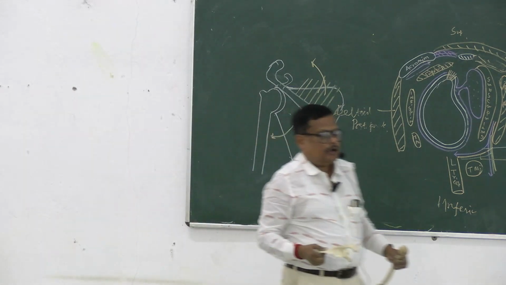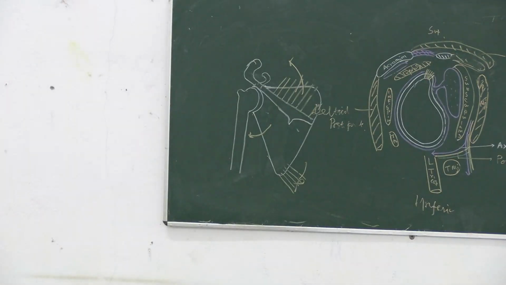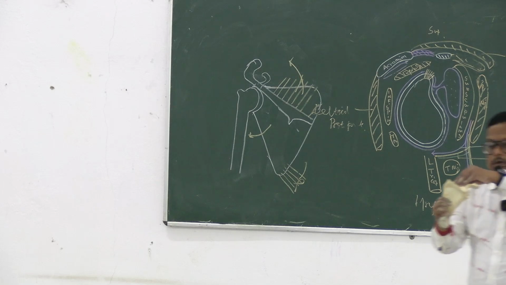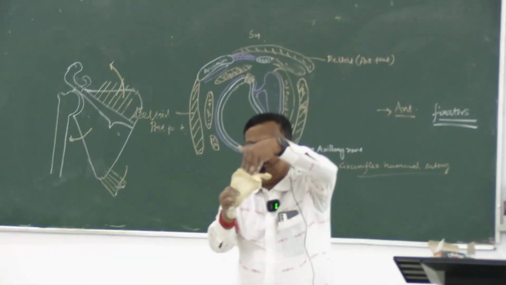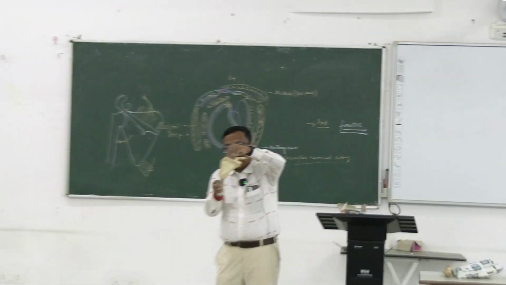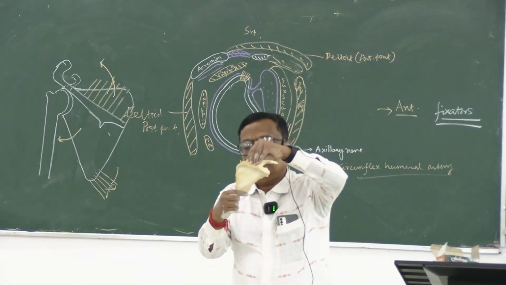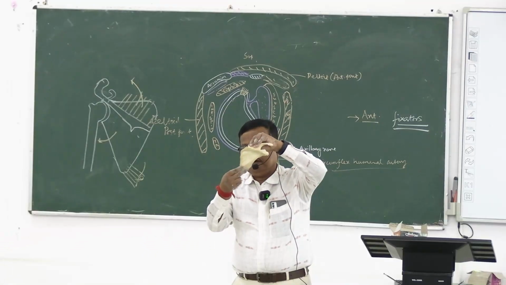এবার আমি এখানে দেখাই, আরো বুঝতে পারবে। এইটা it is an trapezius, it is a scapula, a serratus anterior, এই যে anteriorly.